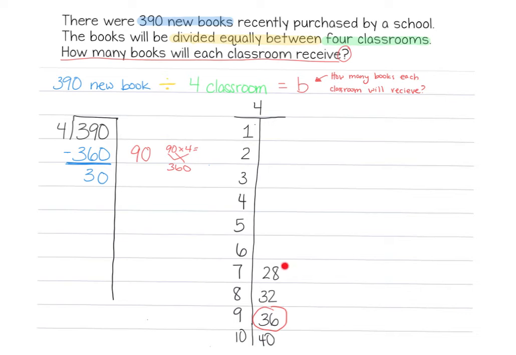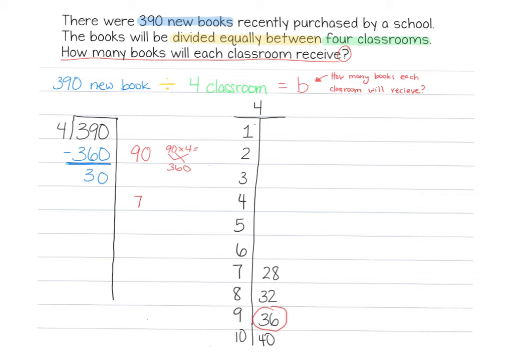So we have to say, okay, we can evenly divide 30 into 7 groups. And that would be 4 in each group. So we know that we will have 7 more books in each classroom.